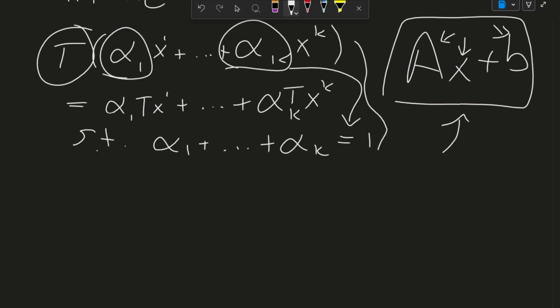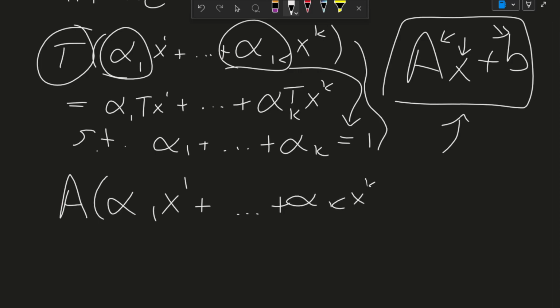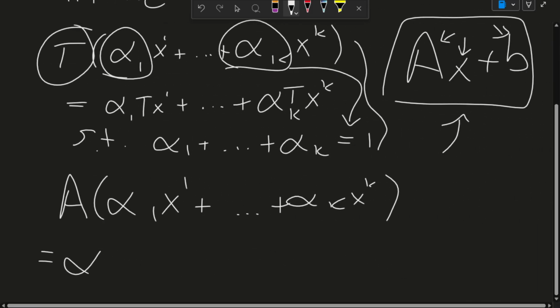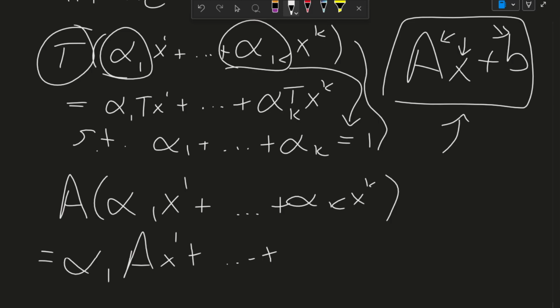So the first thing to realize is that because affine combinations are linear combinations, if we have some linear function A, and we have some affine combination here, then this is going to distribute, because linear transformations distribute over all linear combinations.